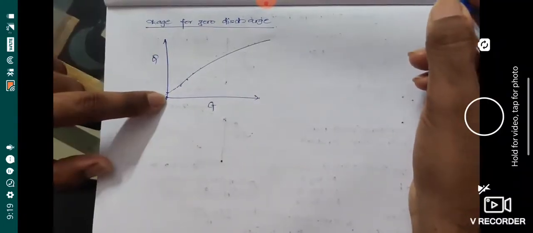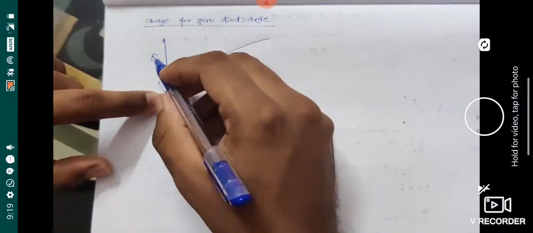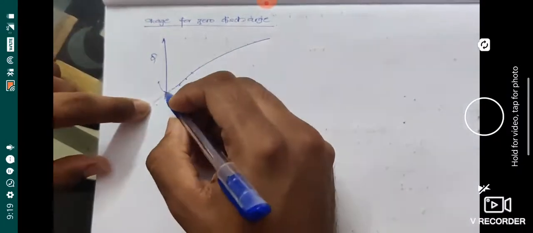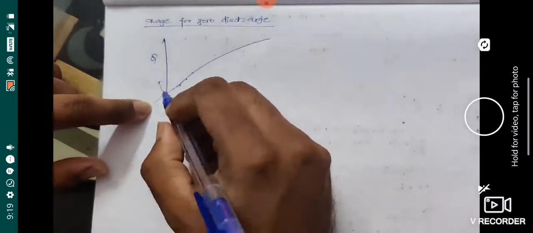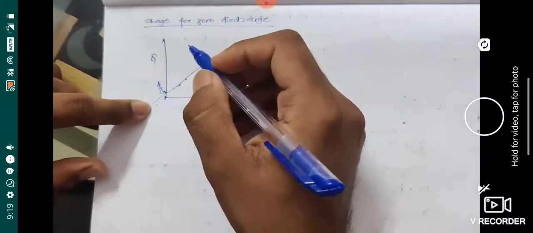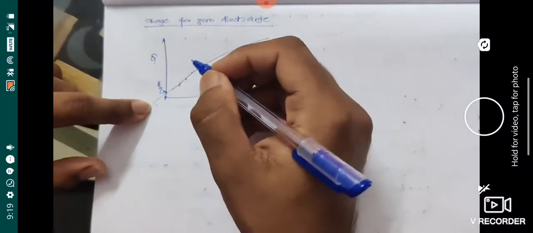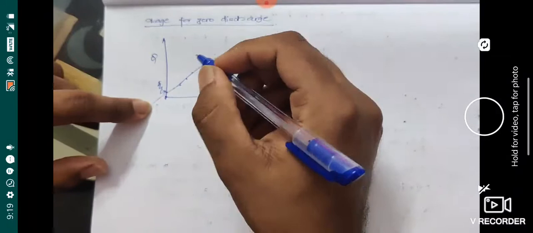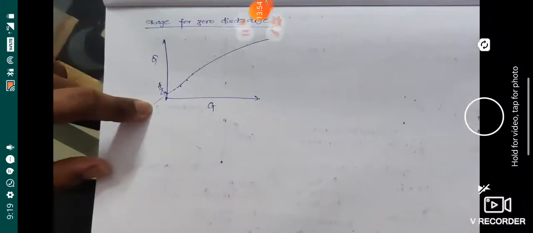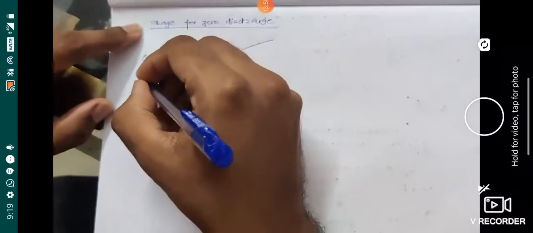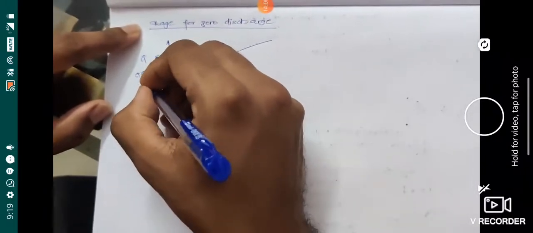So what is this point? At this point, the value of discharge is equal to 0. Sorry, what you have to do is have the stage here, so stage in meters.